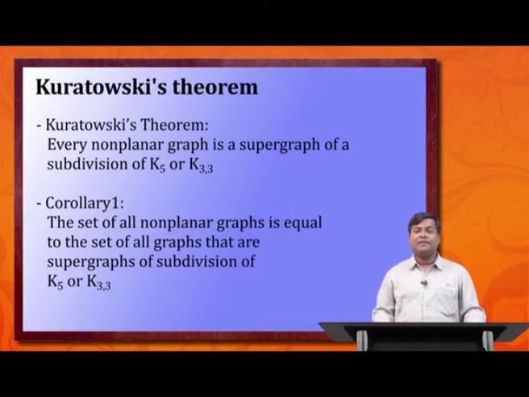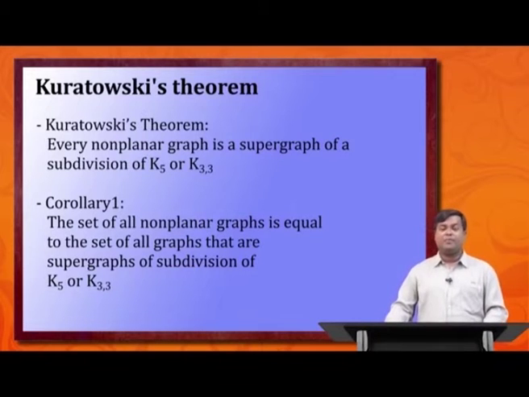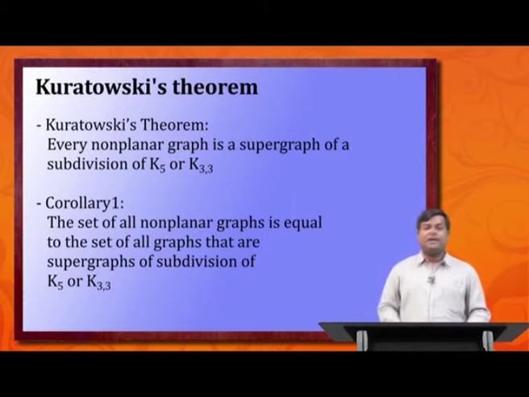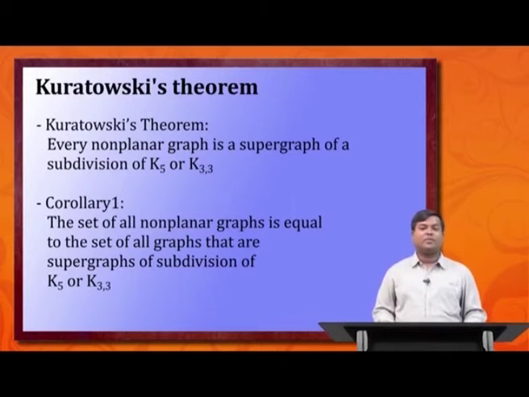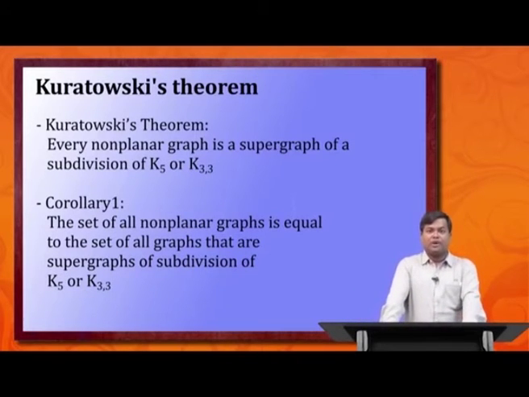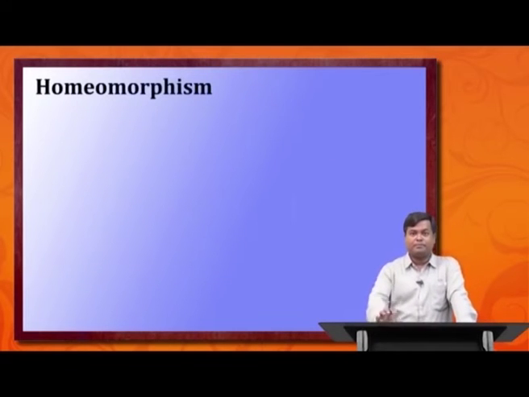So if we combine both of them, we get that set A equals set B. A subset of B and B subset of A both imply A equals B. And we can rephrase the entire thing in corollary 1a. The set of all planar graphs is equal to the set of all graphs that are not supergraphs of subdivision of K5 or K33.